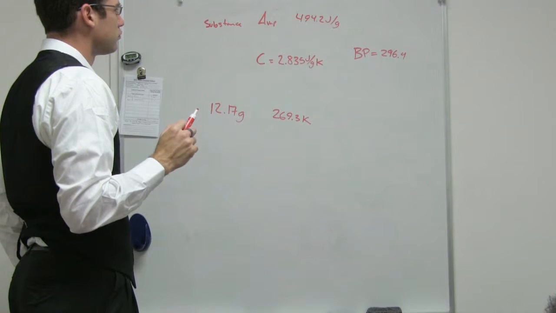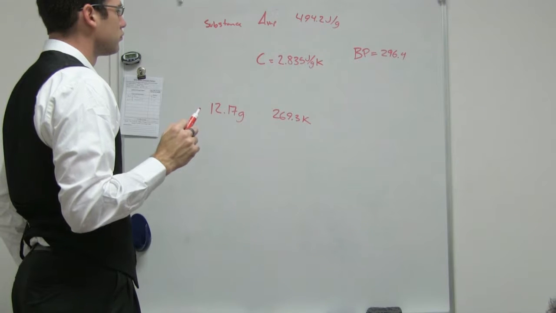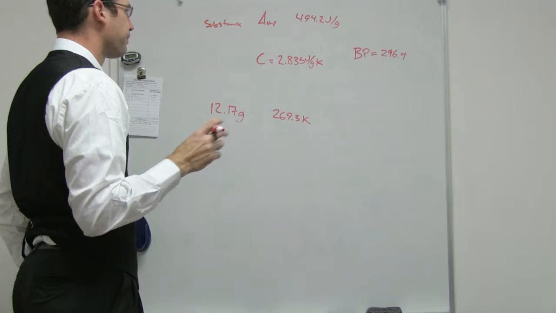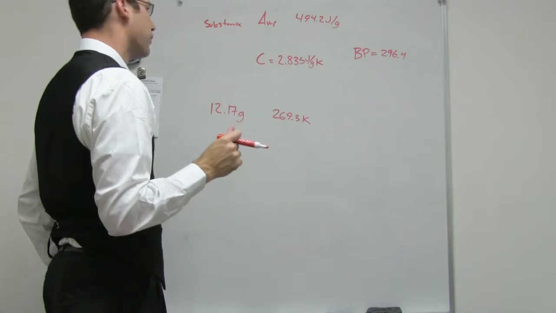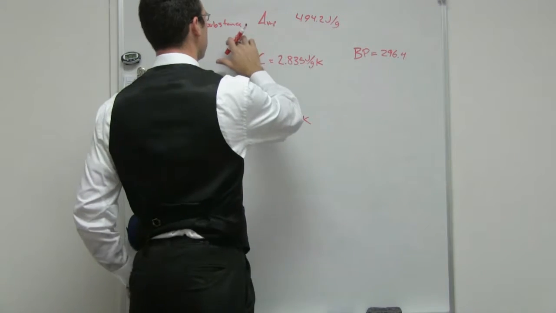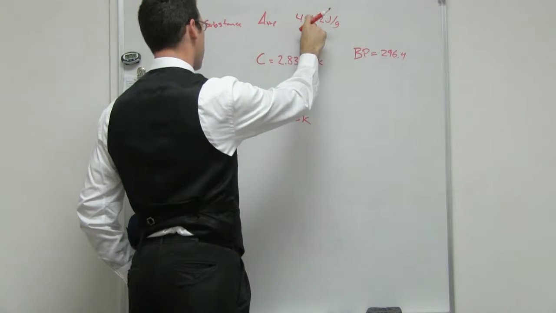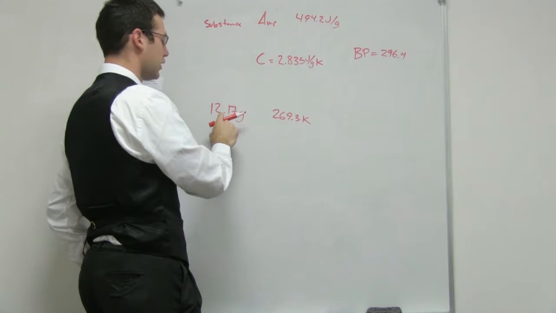How much total energy in kilojoules? Okay, I see what we need to do. So the heat of the actual vaporization is simply going to be the mass times the heat of vaporization.